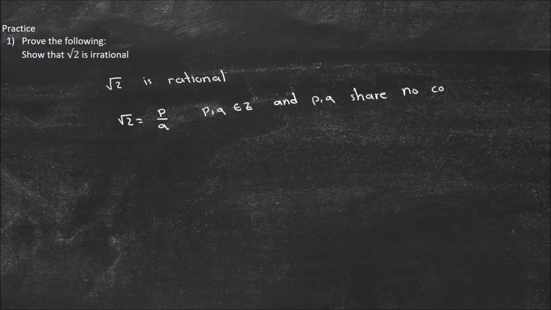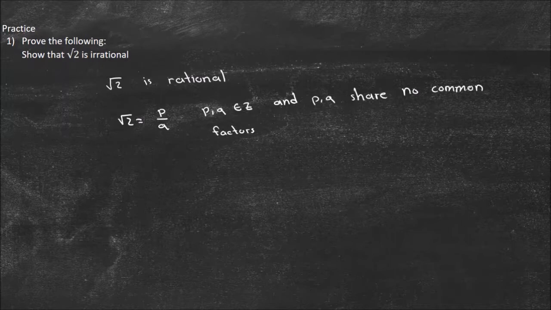No common factors, because as you know, a rational number is any number that can be written as a fraction. So that means that for every fraction, there's obviously a simplified form where you take out all the common divisors and things like that, and you get its simplest form. Well, we're assuming p and q that we've written here is the simplest form. So they share nothing in common.